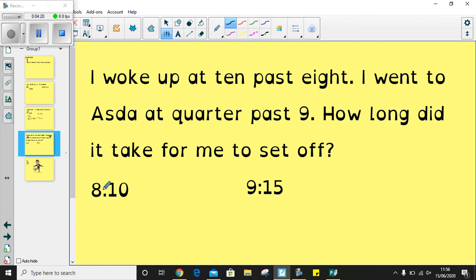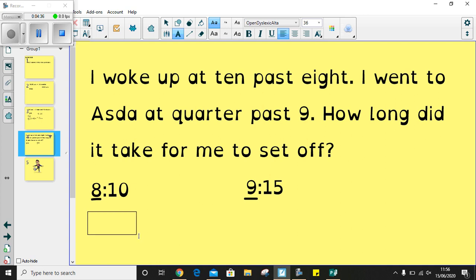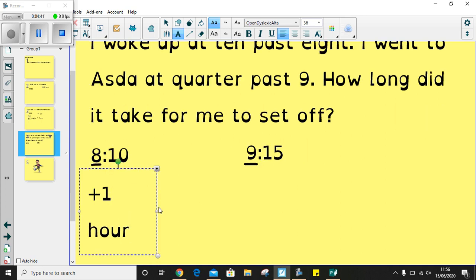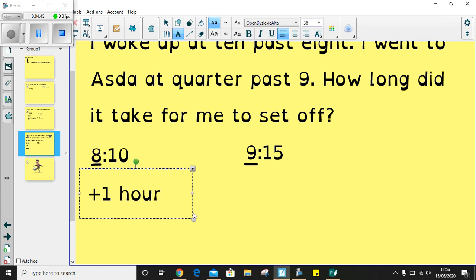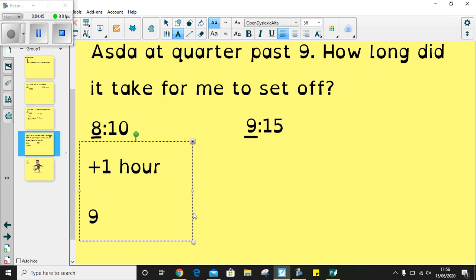The first thing I'm going to look at is my hours. So I've got 8 and 9 there. I know that an hour has been added on somewhere. So I've got 10 past 8. When I add an hour on to 10 past 8, that will equal 10 past 9.